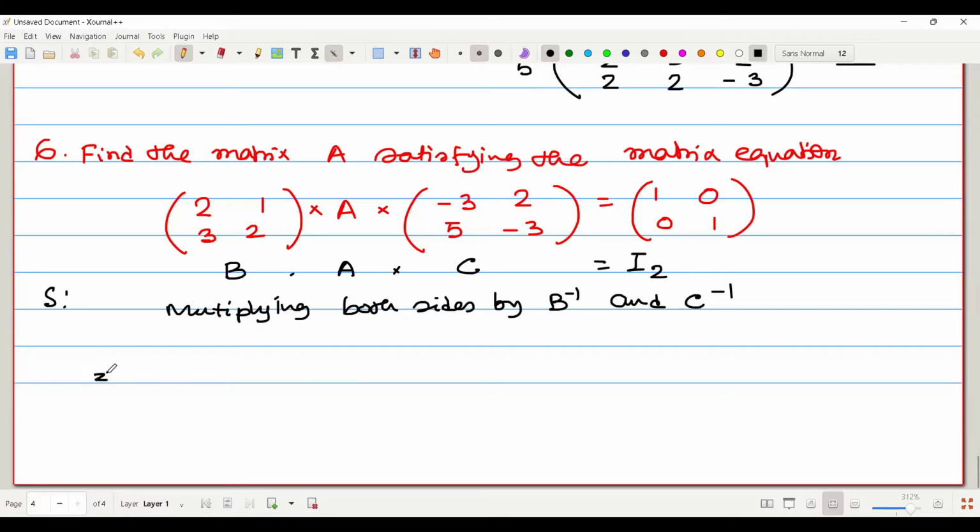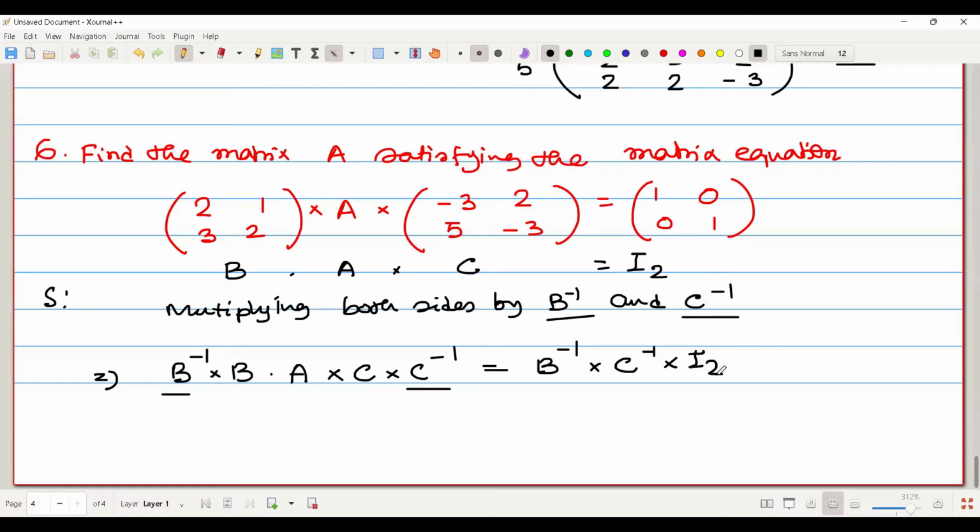That means B inverse into B into A into C into C inverse is equal to B inverse into I2 into C inverse.